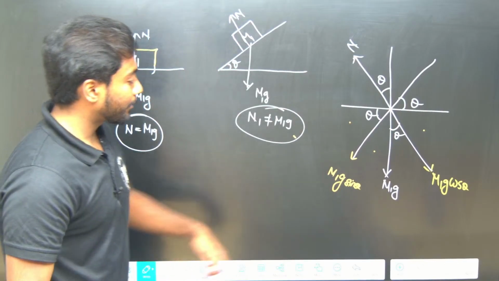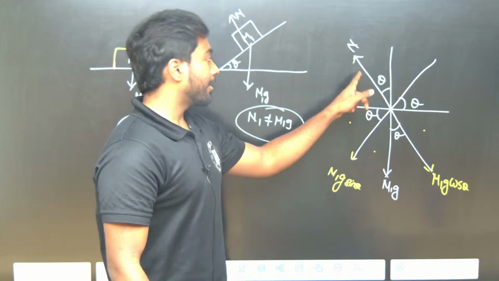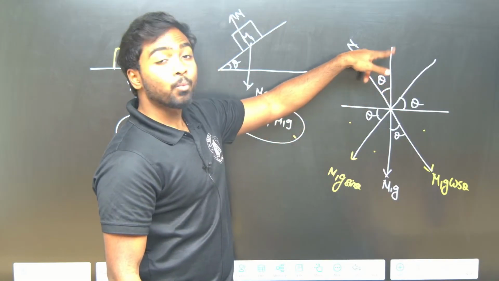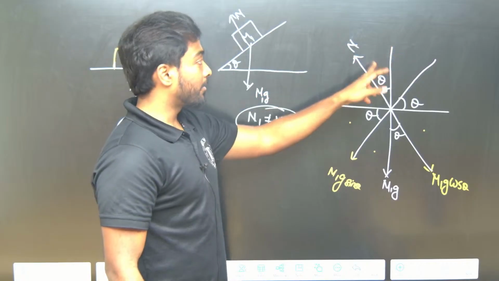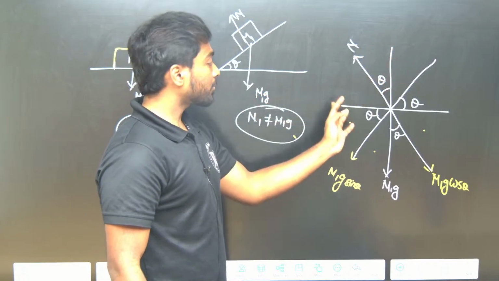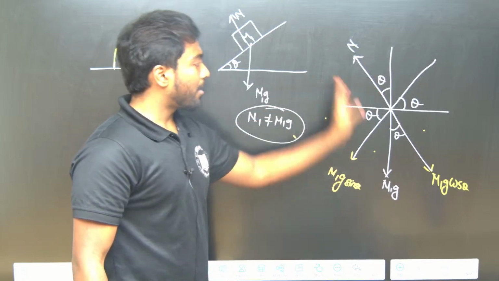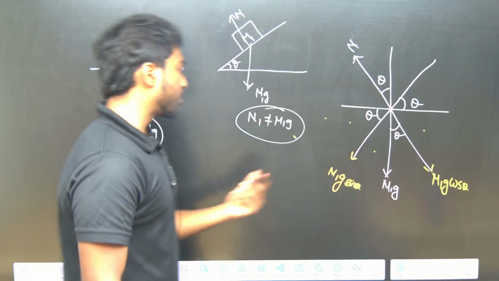I can either take the component of this or else I can take the component of this. So this one will be my N sin theta, cos theta, and this one will be my N cos theta, sin theta. I will talk about M1 also, so no issues, right?